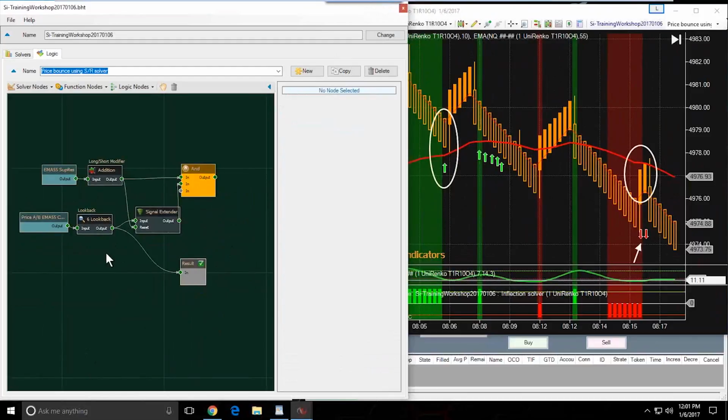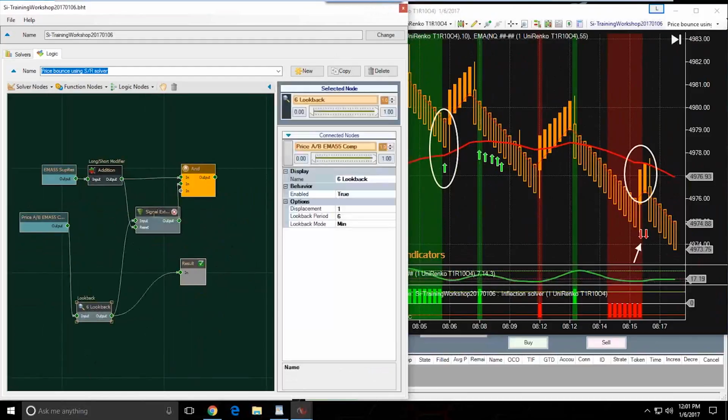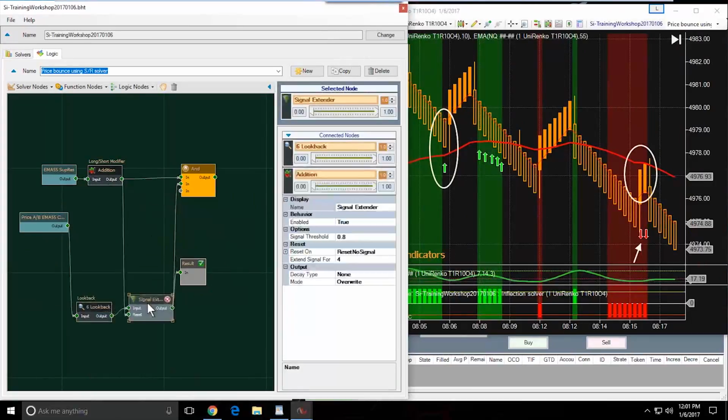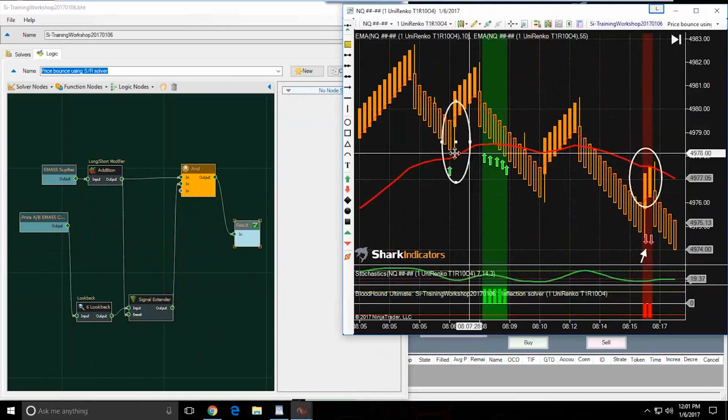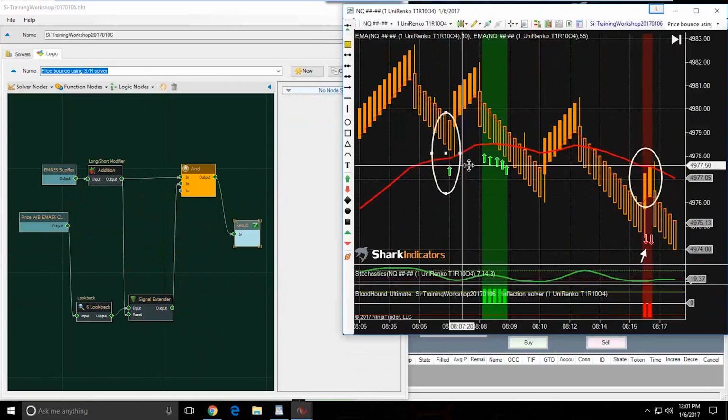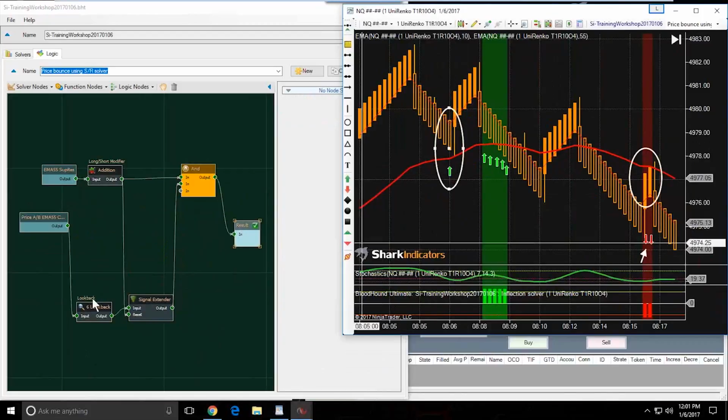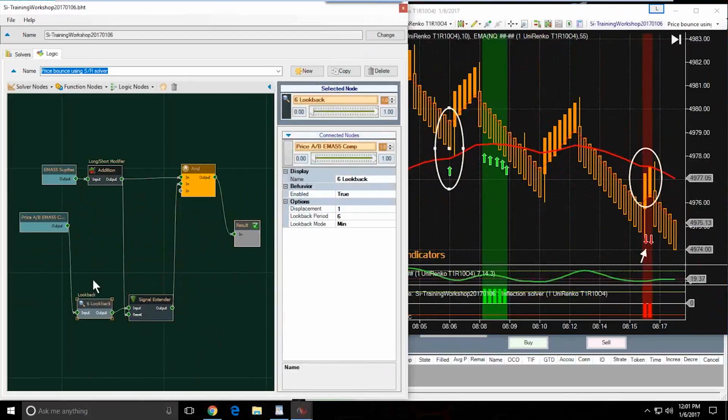So I'm going to take a different approach here. My issue is I'm missing this possible bounce signal right there.